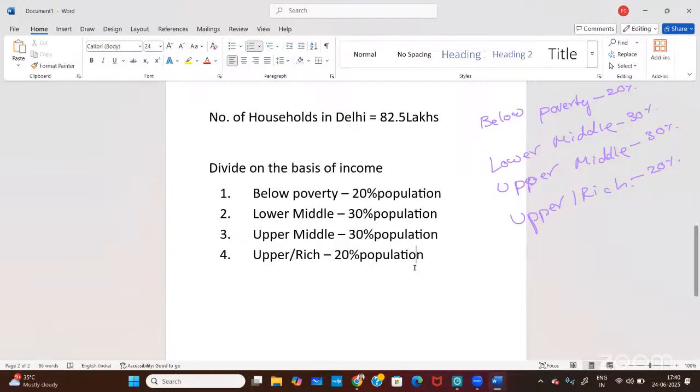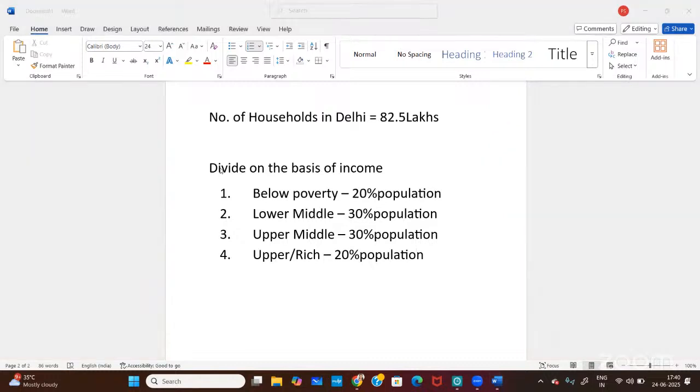When you compare with other members, households owning cars, there would be very less number of cars owned by below poverty and lower middle. Let's say 1 or 2% of lower middle might own a car. So if you calculate the percentage, it would be very less.